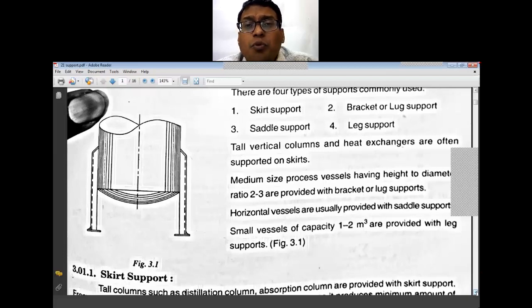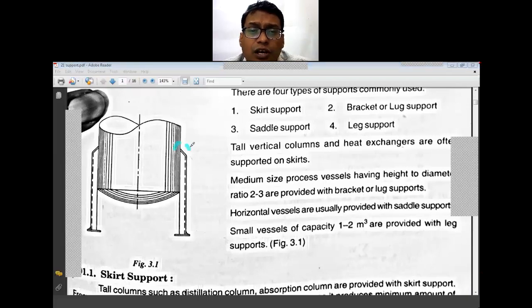Our body is small, not of huge dimensions, so the weight of the body is balanced by the legs. If you correlate to our body, these leg supports are directly welded to the vessel and are vertically aligned.